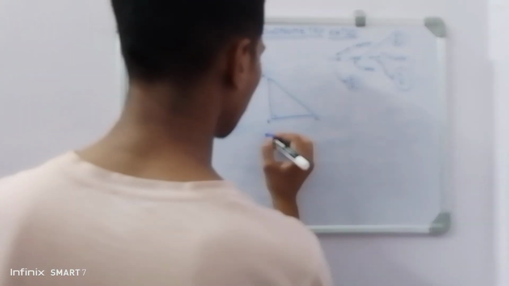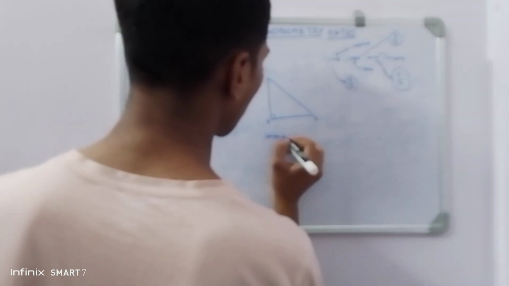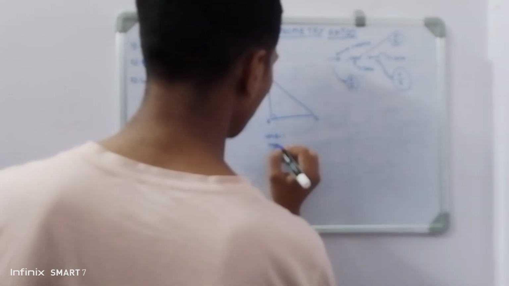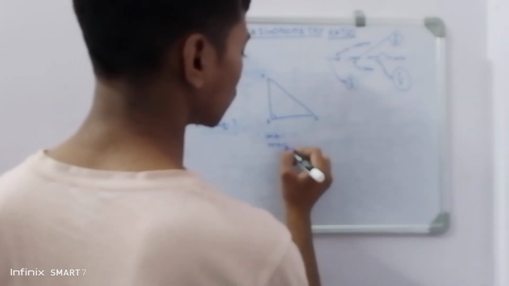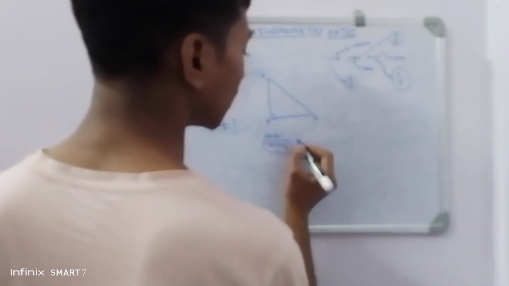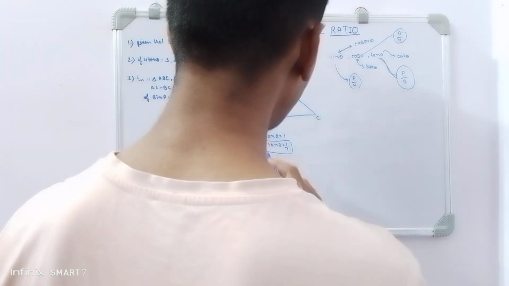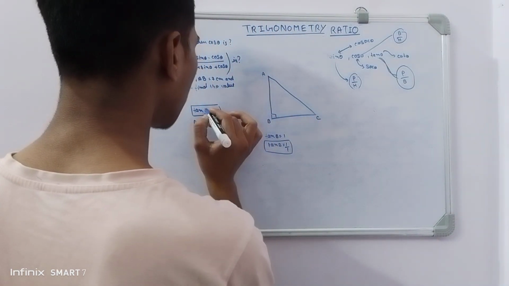Let's suppose again we are given that tan of B is equal to 1. So 1 can be written as 1 by 1, because the 1 can be written in the denominator.